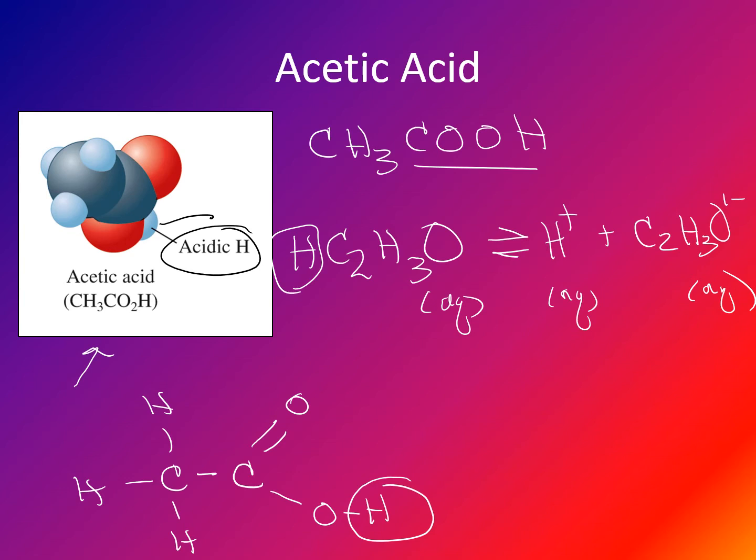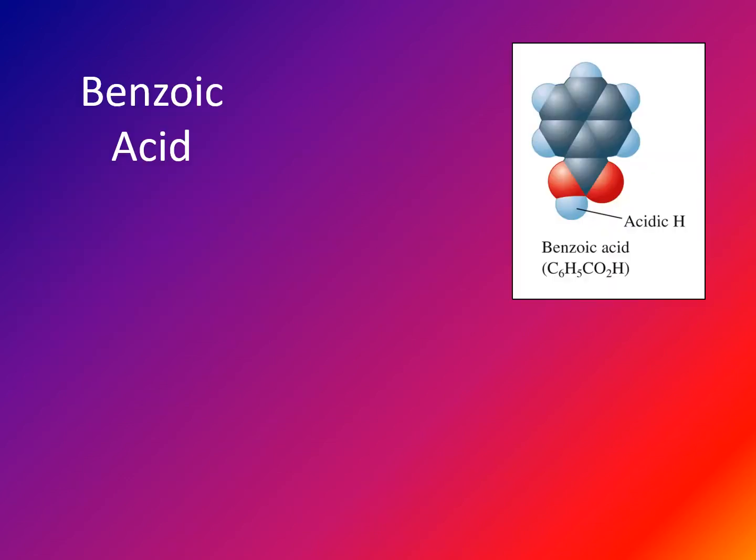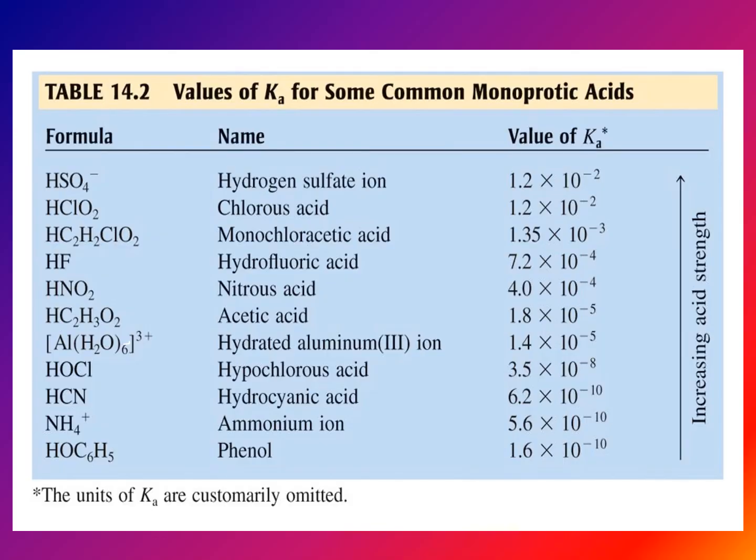A weak acid, not much ionization. Benzoic acid looks complicated, but if you just check out that last hydrogen, that's the ionizable hydrogen. That's the one that would come off when it ionizes.